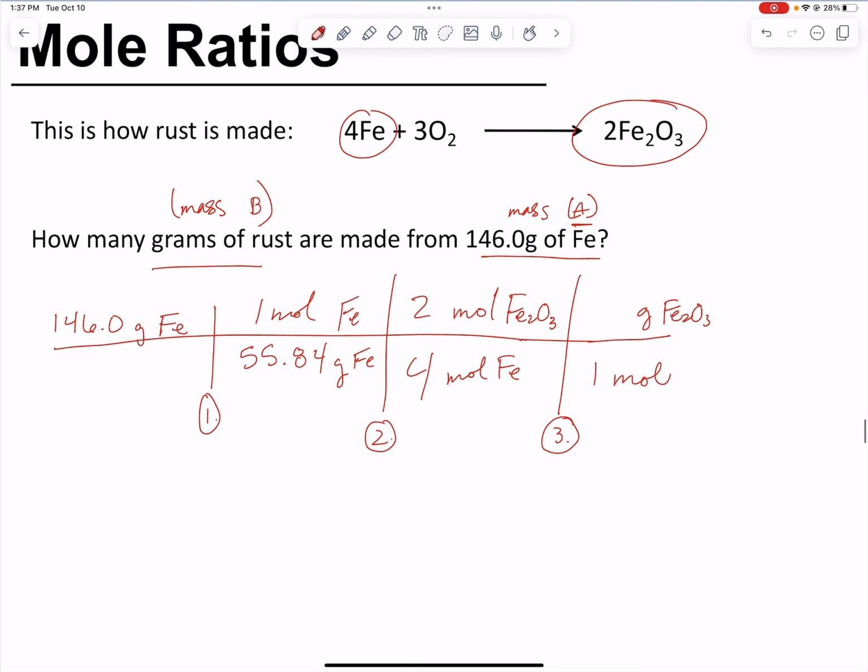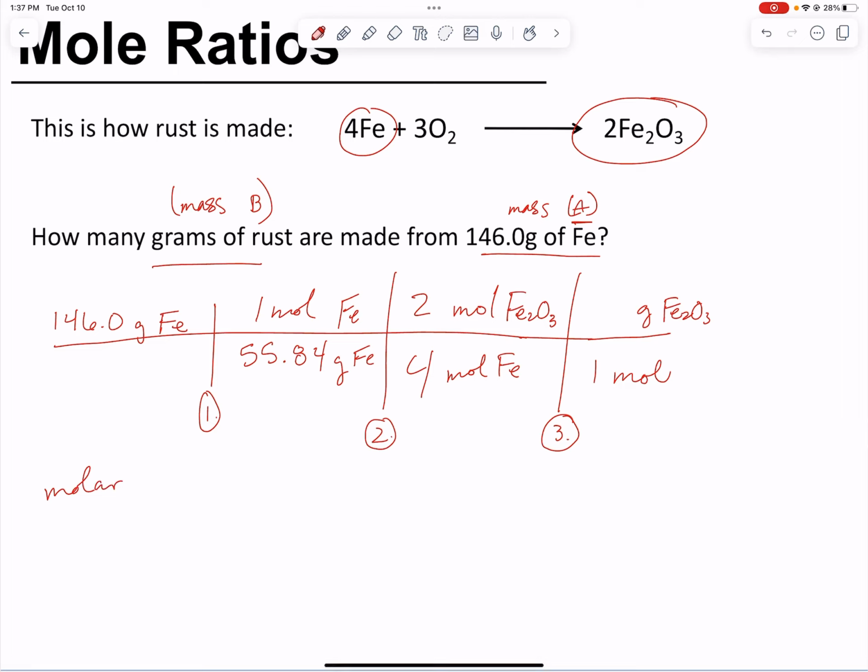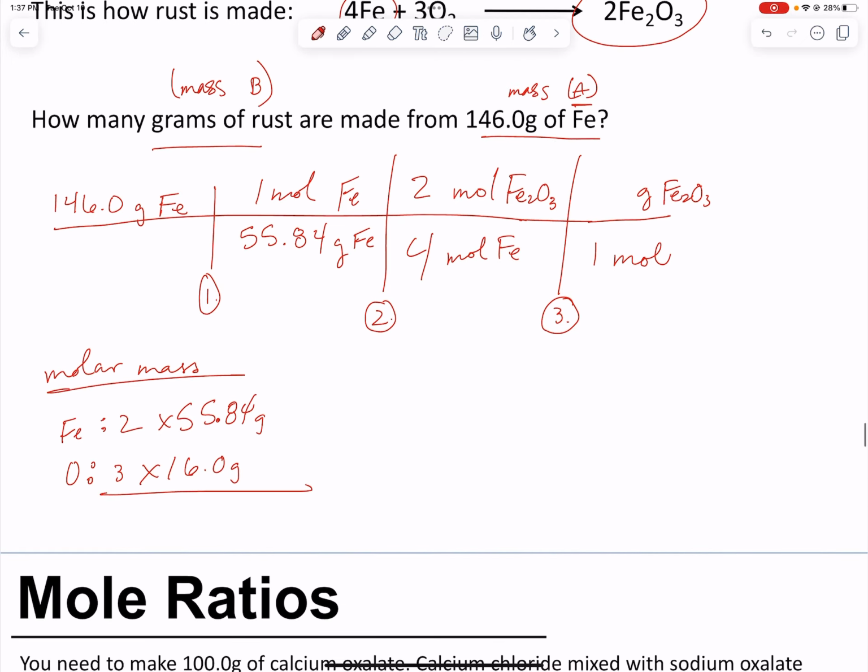So to calculate the molar mass of iron oxide, we know that we're going to have 2 times 55.84 units of grams, and oxygen is 3 times 16. We add all this up.